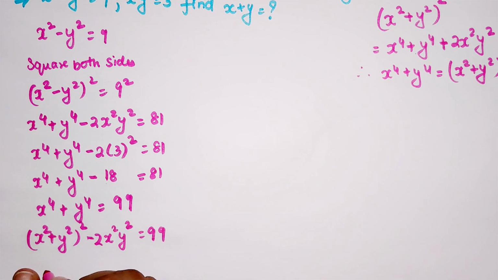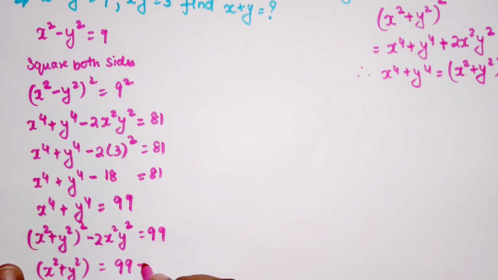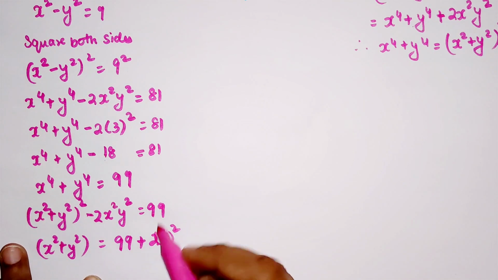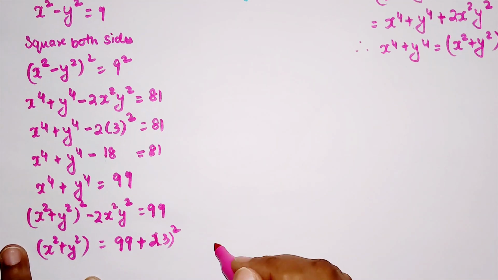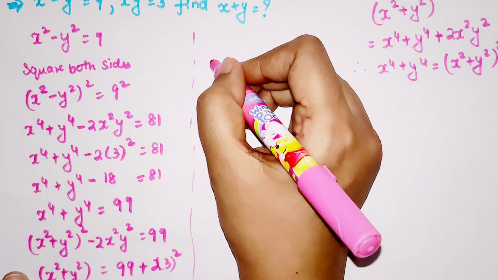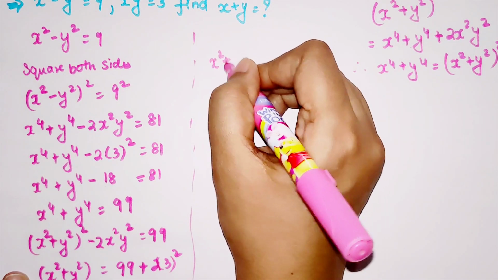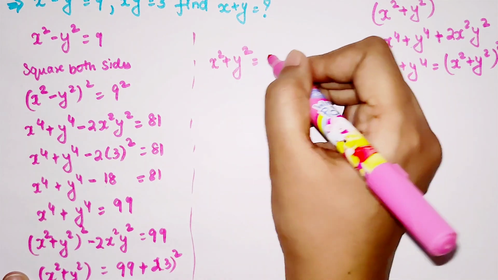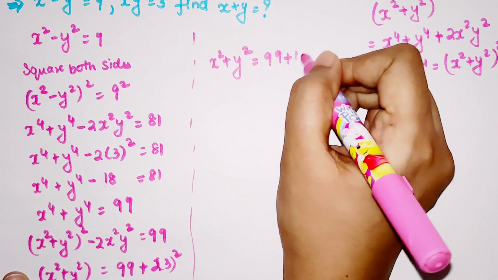So this now becomes x square plus y square the whole square is equal to 99 plus 2 into xy the whole square, which is 3 square, right? This is the same step I have done over here. So now I'm just drawing a line to avoid confusion. I can write x square plus y square the whole square is equal to 99 plus 18.